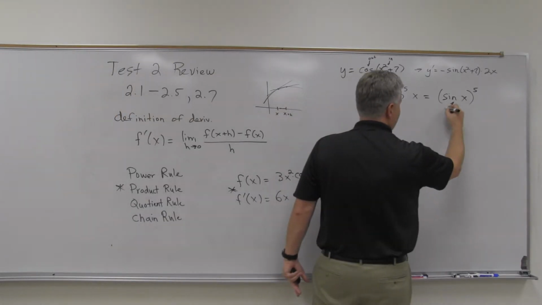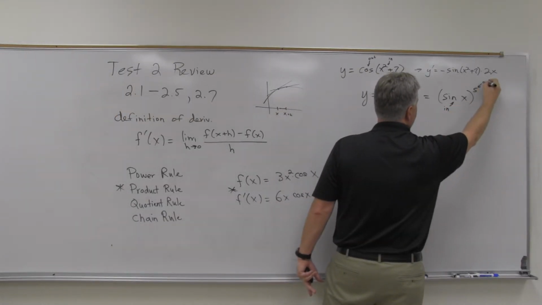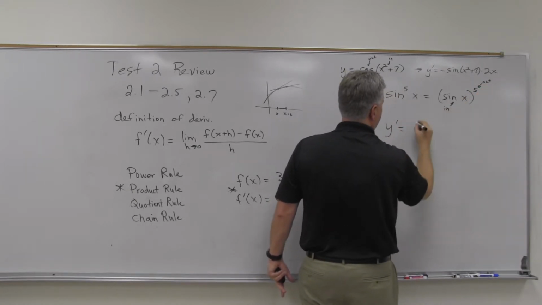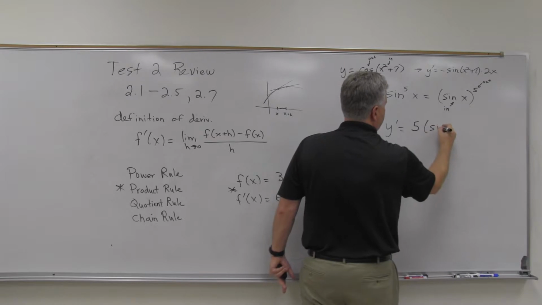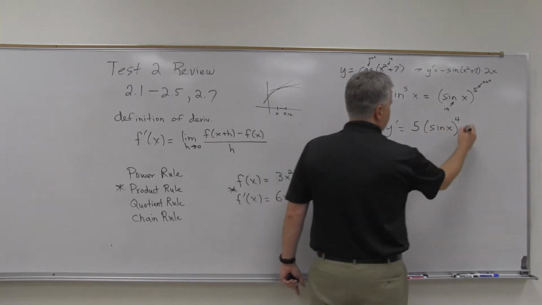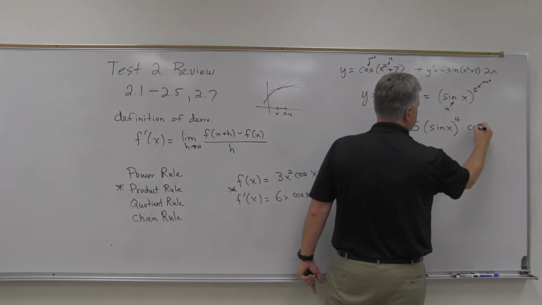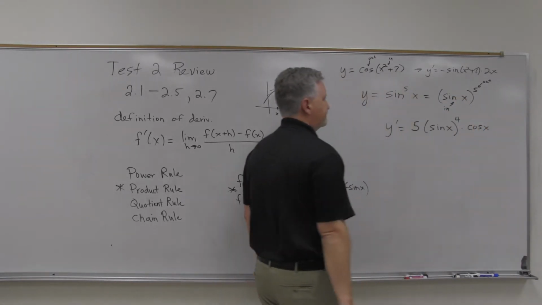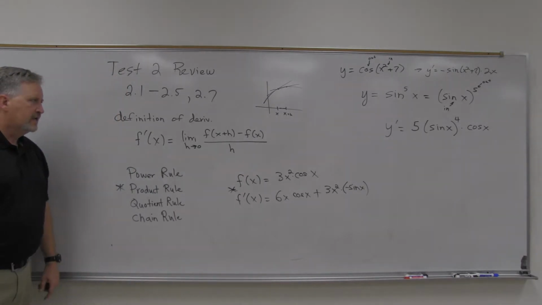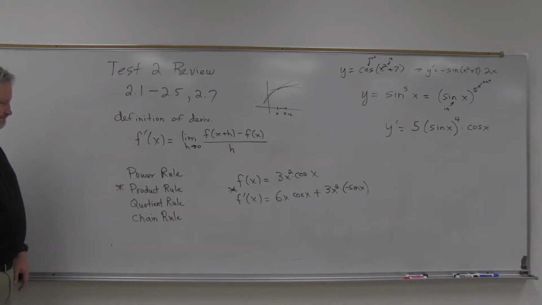The inside is the sine of x, and the outside is the fifth power. So when we do our derivative, do the derivative of the outside, 5, inside stays the same, fourth power, one less power. Then I do the derivative of the inside, which is cosine of x. You can write that however you please. That's what I'd say on the chain rule.